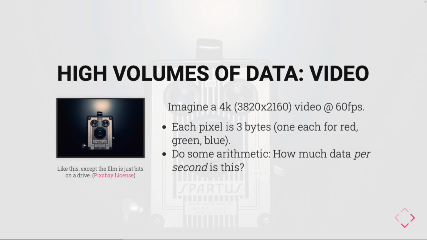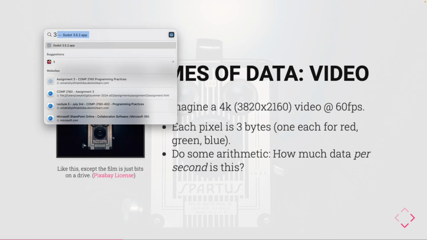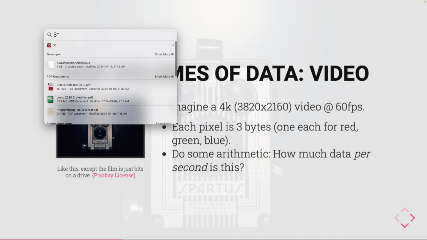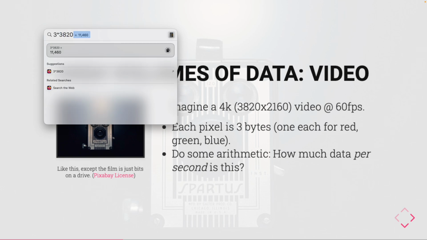So how much data per second is this? So 3 bytes per pixel. How many pixels on the screen? Well, we have 3,820 to a row and 2,160 rows. Hey, 2160 reference.